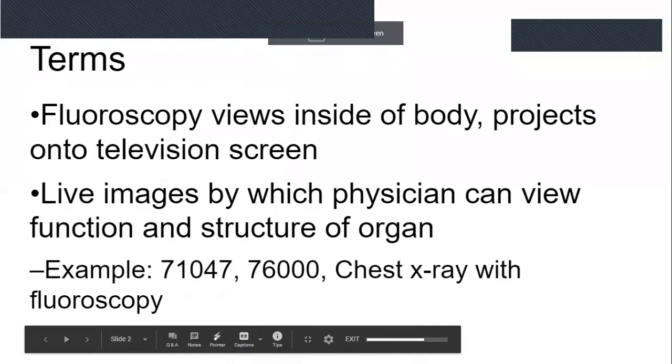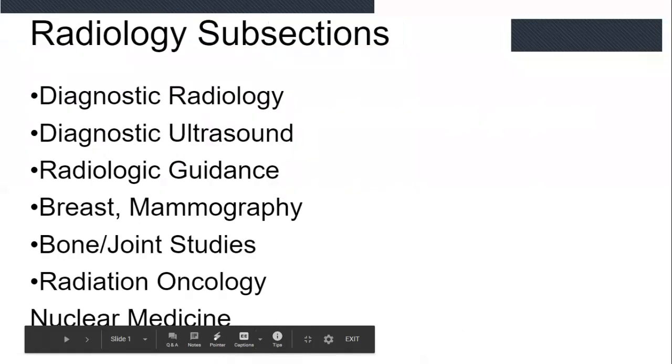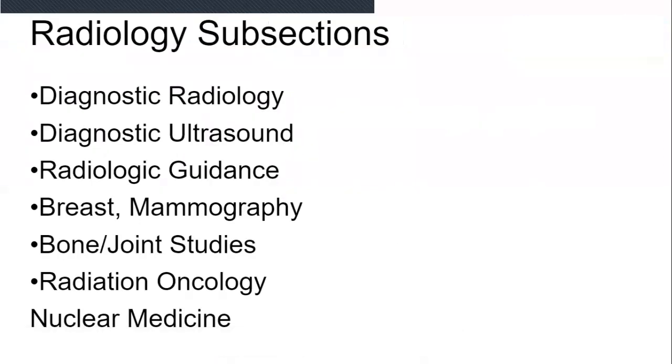Okay, so chapter 24 begins on page 587, and that's where we're going to start. I'm going to read a little bit from that first paragraph on page 587. It says, radiology is the branch of medicine that uses radiant energy to diagnose and treat patients. A physician who specializes in radiology is a radiologist.